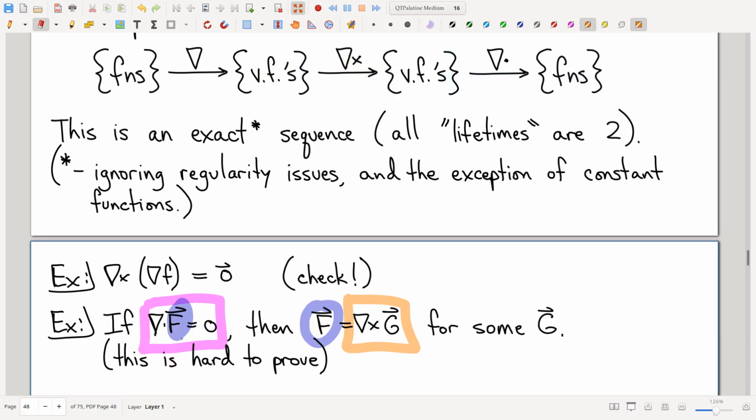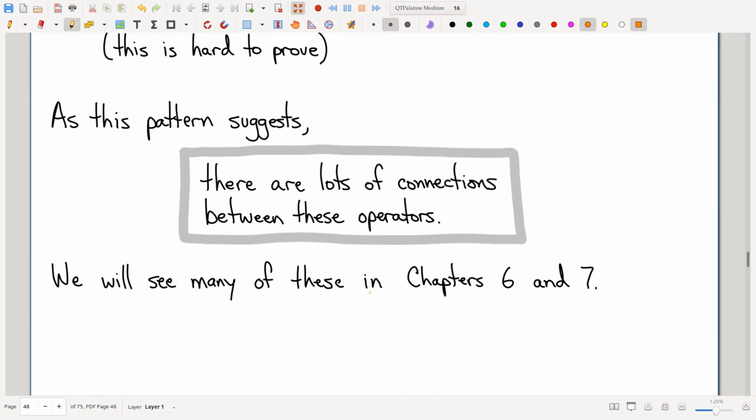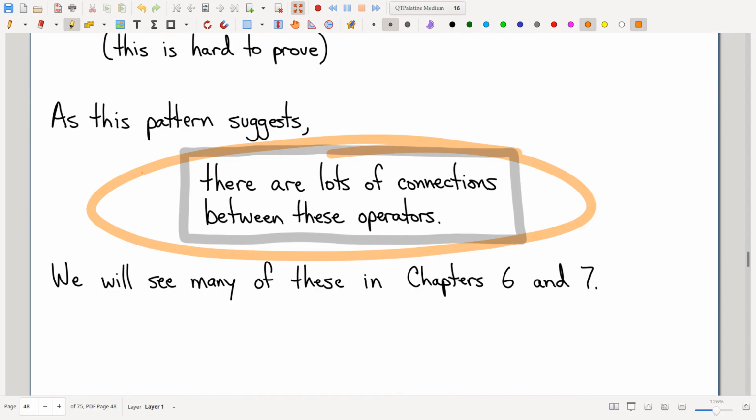Okay, so that's all, again, just a little bit of preview. I just kind of want you to see things coming. I claim that I've given you a little bit of a motivation for why we'd want to compose the operators in this order. We're going to do much more with that later.